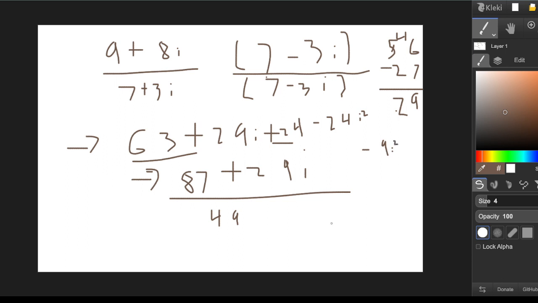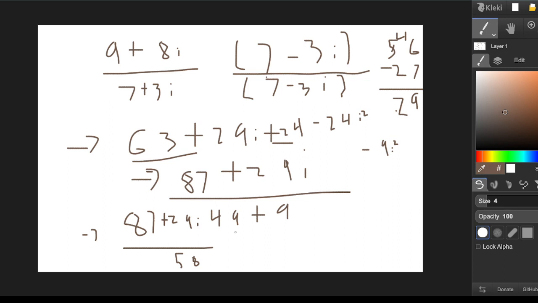Minus 9i squared, so plus 9. That's about it. So we get 87 plus 29i all over 49 plus 9. That should be 58. Right, 58. Okay.